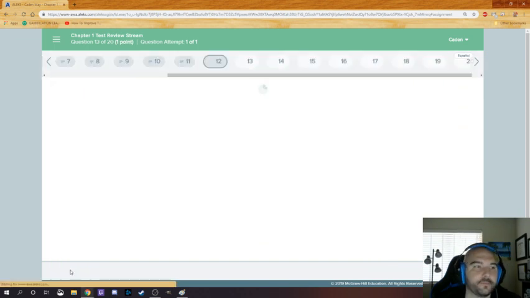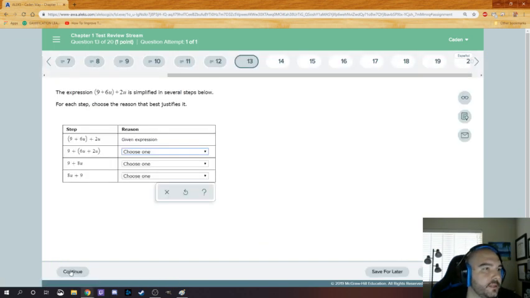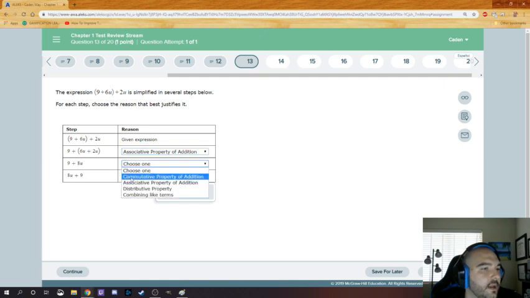Learn them well, okay? Okay, the next problem says they are doing a problem, and you're supposed to say what they did as they do each step. So this first one, they changed the parentheses around 9 and 6u to 6u and 2u. That's the associative property of addition, because they associated these two together. Then they combined those. That is combining like terms.